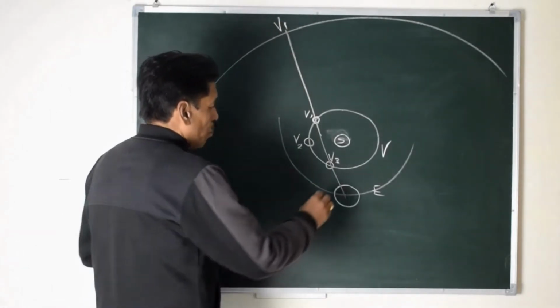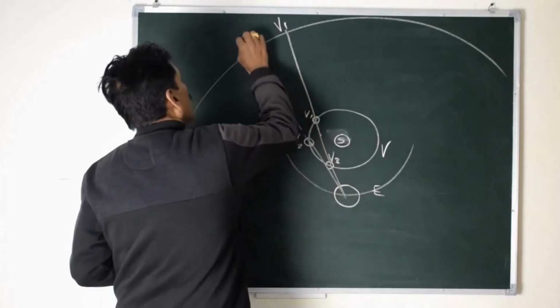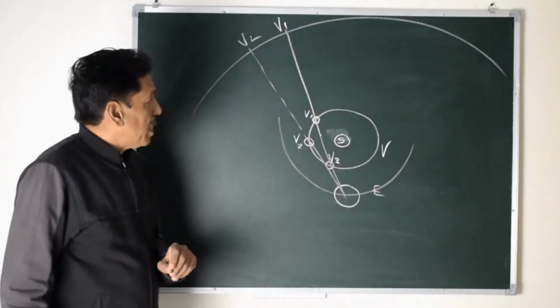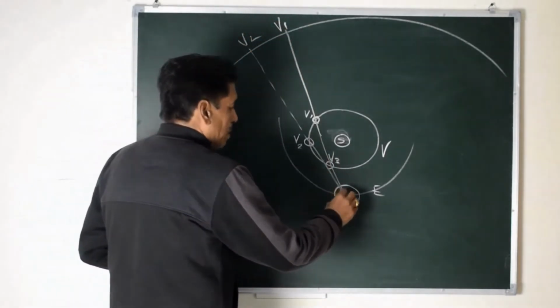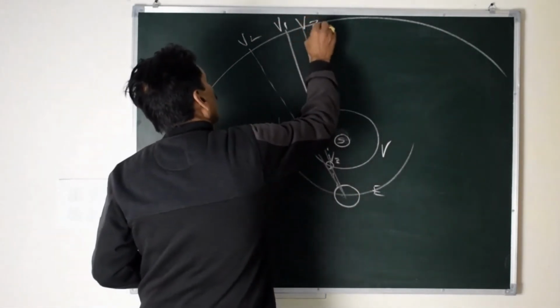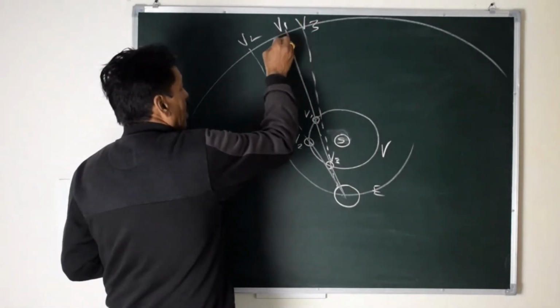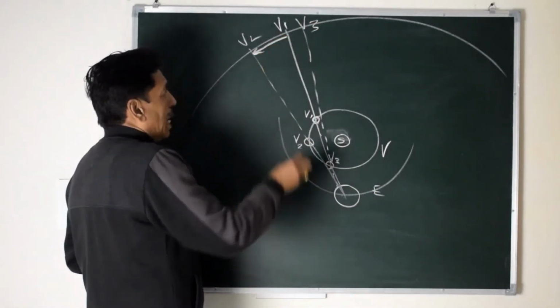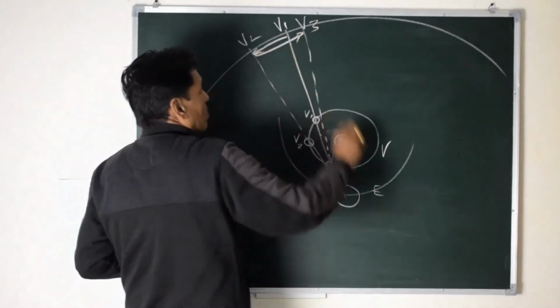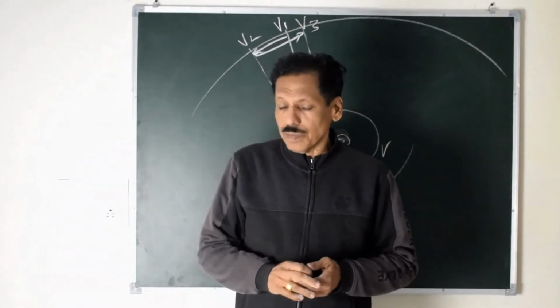When Venus moves to V2, the position would shift to V2 on the celestial sphere, and when Venus comes to V3, the position comes to V3. So we have seen Venus going eastward and then westward. This westward motion of Venus is called retrograde motion.